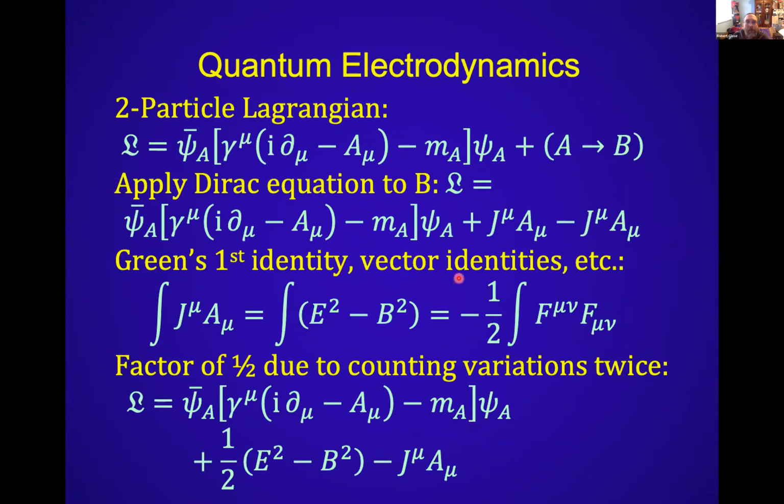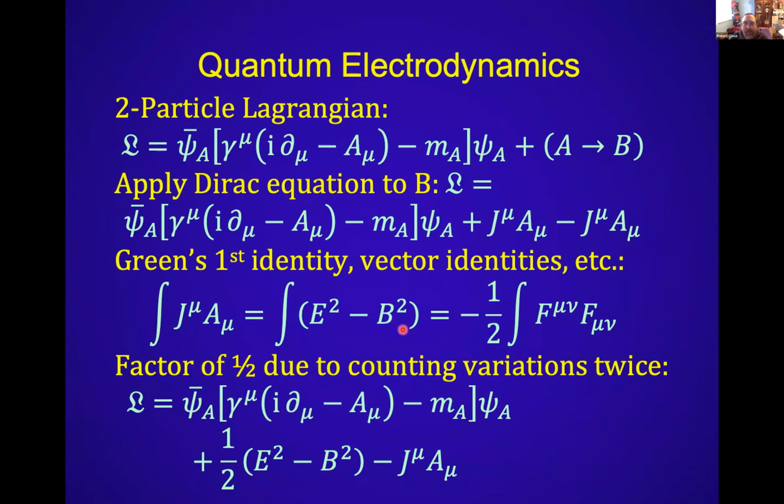Okay, just quickly, if you try to make a Lagrangian from that for two different particles, A and B, if you apply the Dirac equation to the second particle, you just get tautology here. But then if you transform the interaction fields using some vector identities, you could write that as E² minus B².